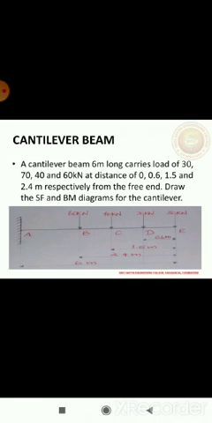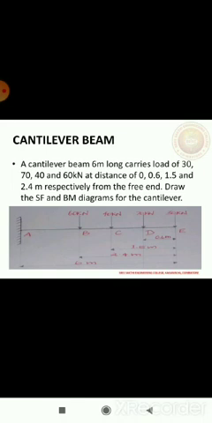Okay, see the picture. One end, A, is fixed and the other points B, C, D, E are free.